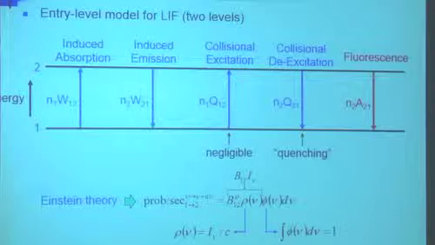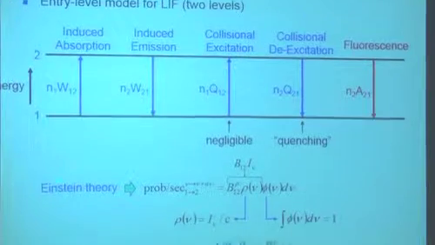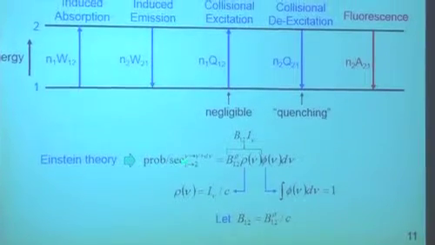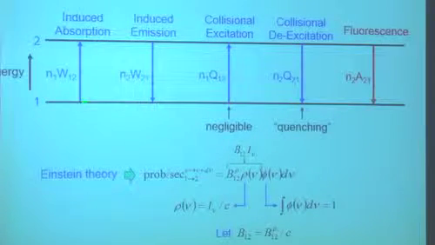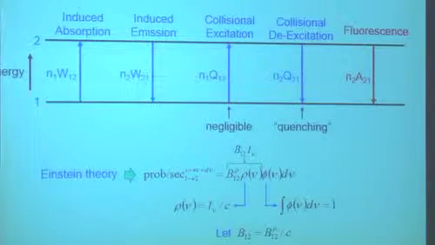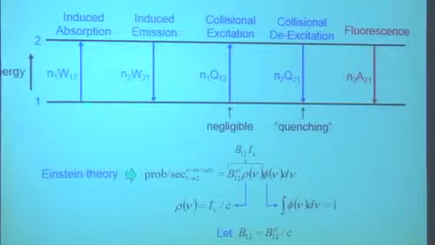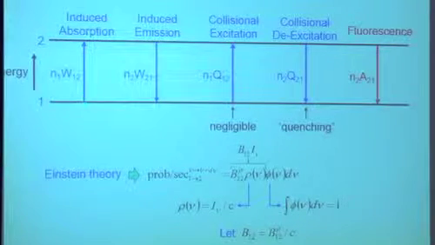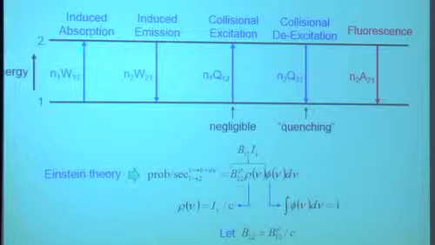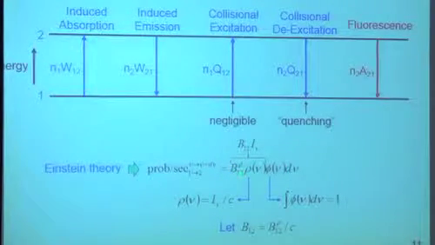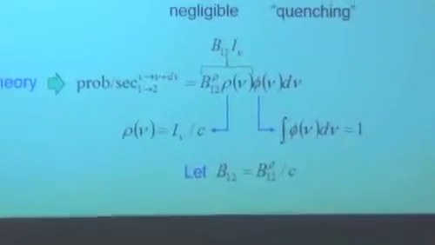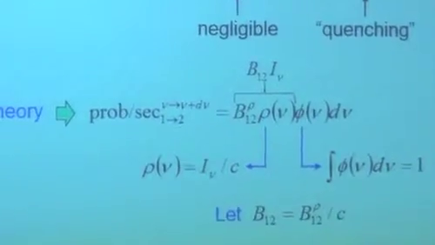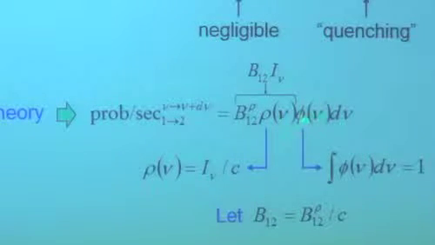What did Einstein theory tell us? The probability, and we can do this in a small frequency interval of nu to nu plus d nu within this line, of a molecule going from here to here per second is this Einstein coefficient B12 times the energy density, but I quickly substitute that in terms of spectral intensity of my laser, times the line shape function d nu.